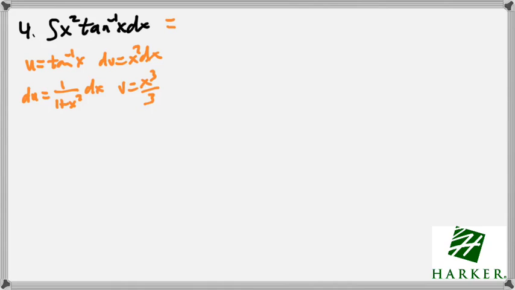So this is equal to uv, so this is going to be 1/3 x cubed inverse tangent of x, uv minus the integral of v du. So that's 1/3 x cubed, and then times 1 over 1 plus x squared dx.